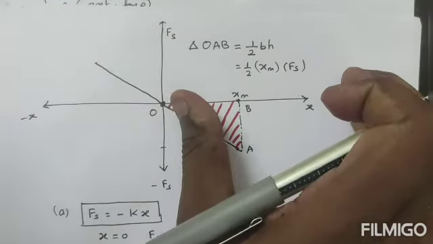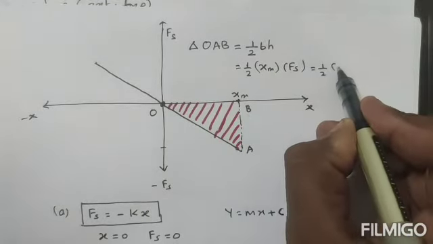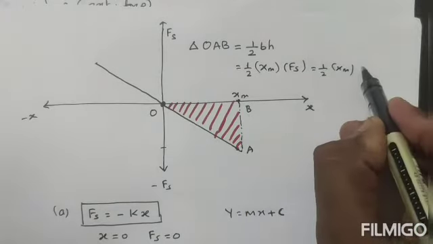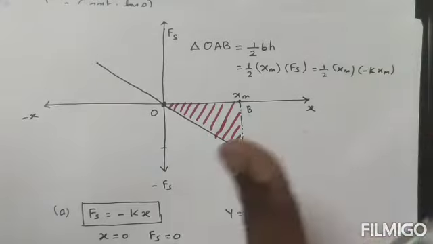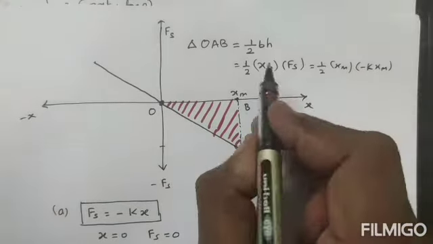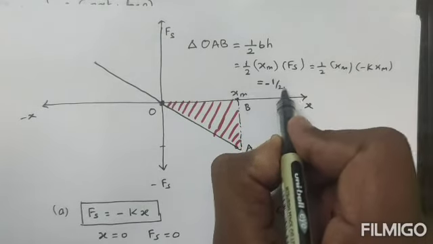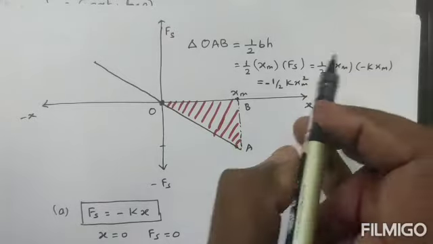Already you know, half into Xm. Then what is Fs? Fs is minus k x, here Xm in this case. So we can write the work done as minus half k Xm squared.